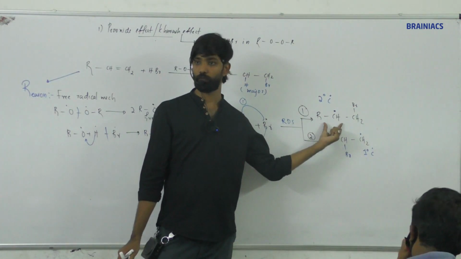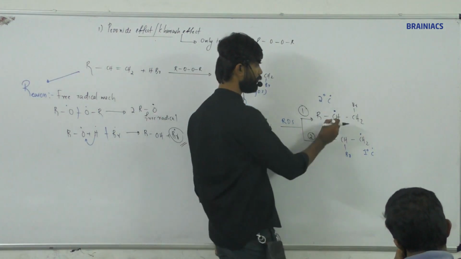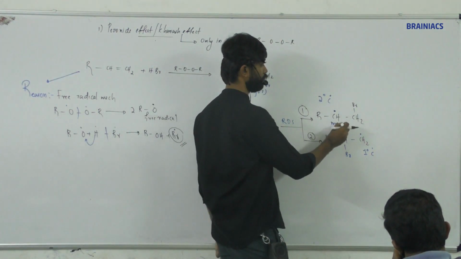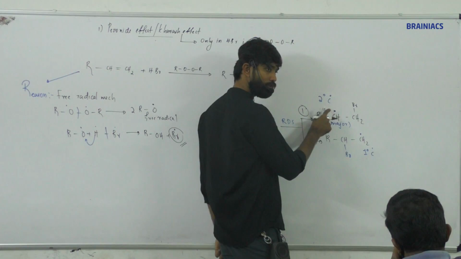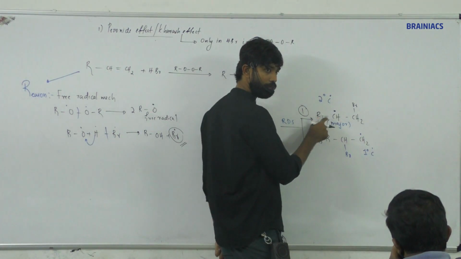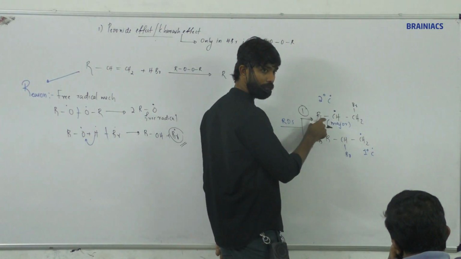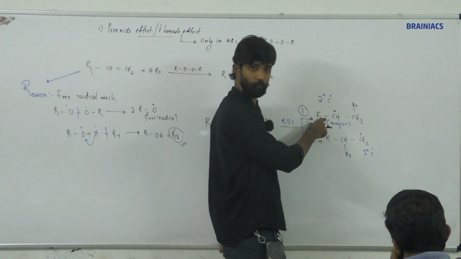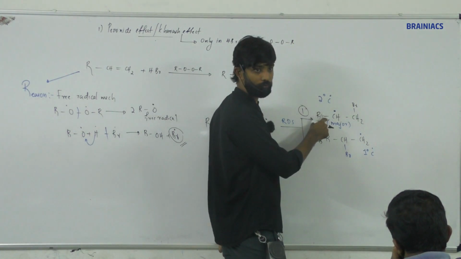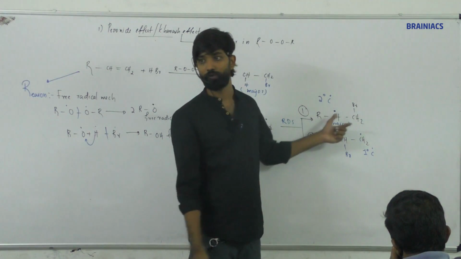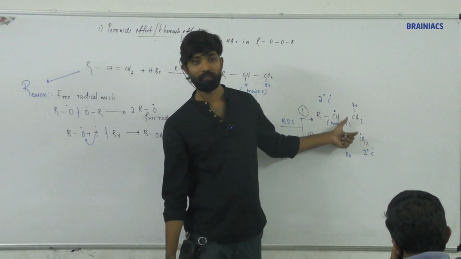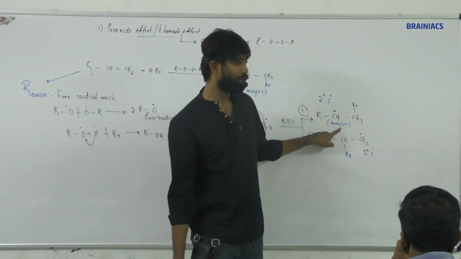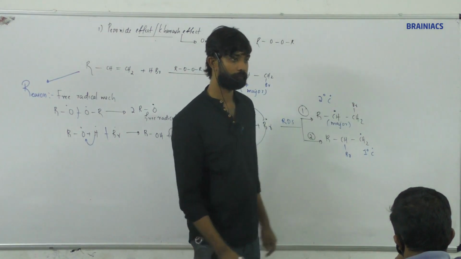The secondary carbon free radical is most stable. So this will be in a major quantity, yes or no? Since this is the most stable free radical formed, this intermediate will be major. So the production of this stable intermediate will be more feasible, and in this system this free radical will be in a higher quantity.